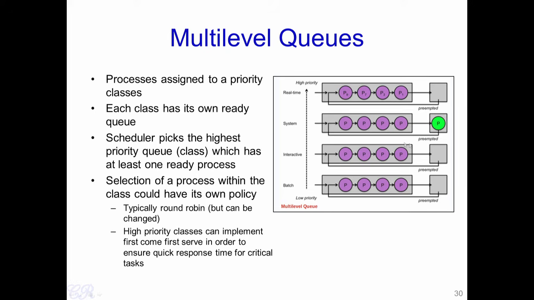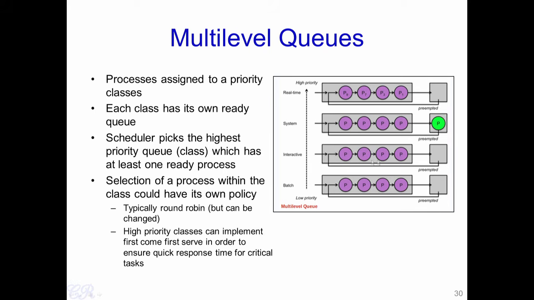However, if we have multiple processes in the ready queue chosen by the scheduler, then a second scheduling algorithm would be used to choose from this set of processes. For instance, let us say the scheduler has decided to choose the interactive priority class because there were no other processes ready in the real time and the system priority classes.